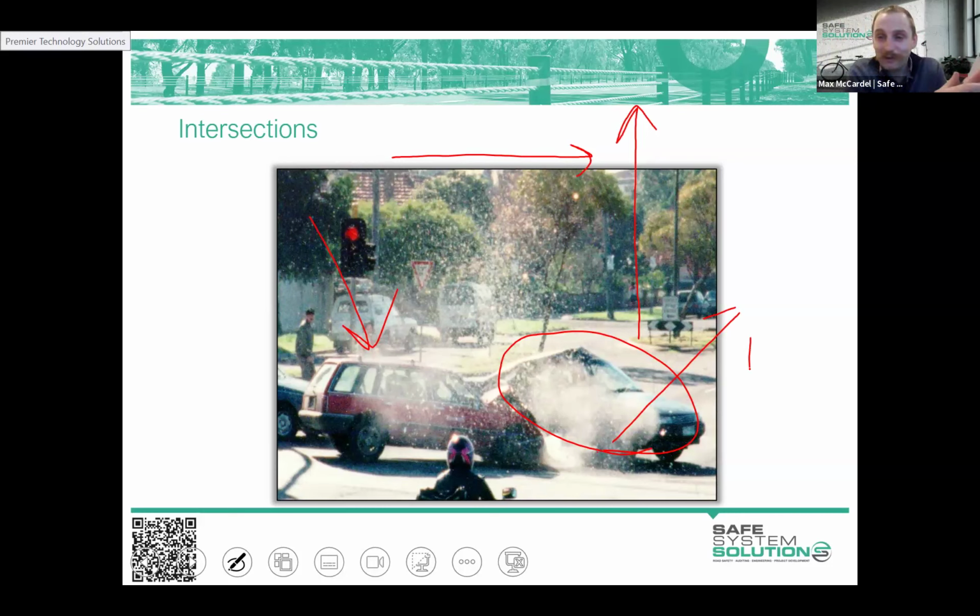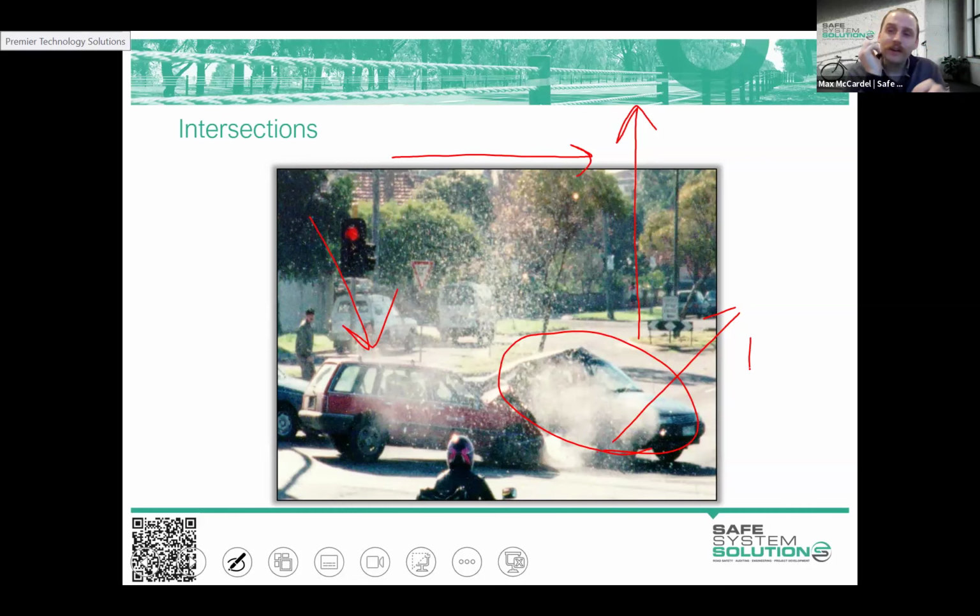So unfortunately, a lot of our intersections do have lots of fixed point hazards, things like signal pedestals or utility poles, even signage, depending on how big the sign is and things like that. But there's generally lots of things for errant motorists to actually collide with, which is not a great outcome. So those secondary crashes can also be a concern at intersections.